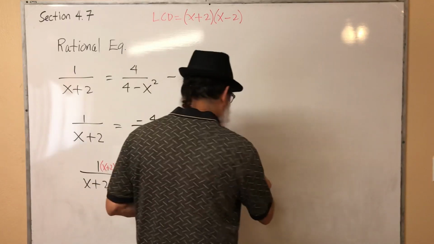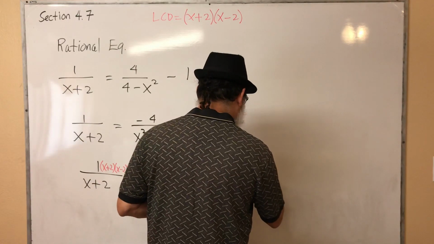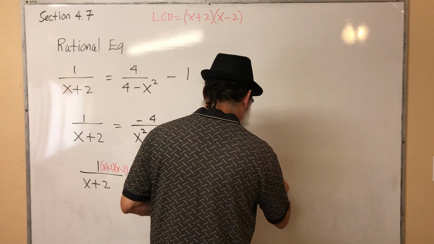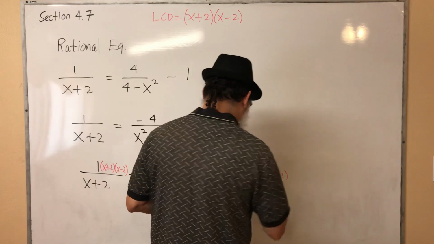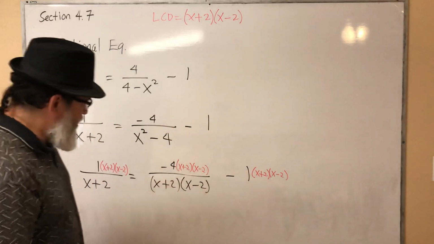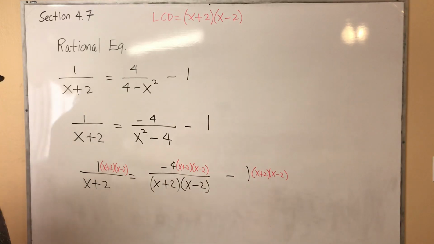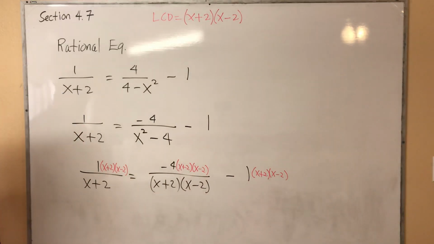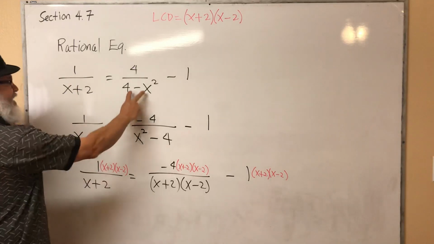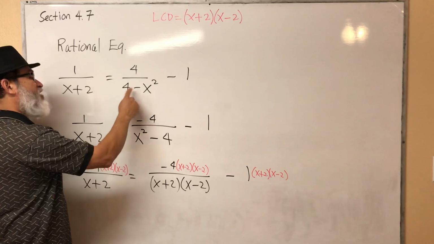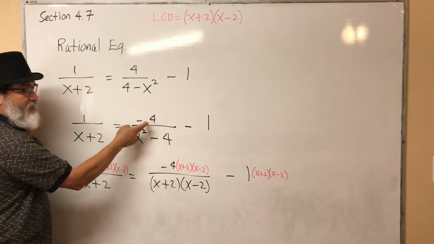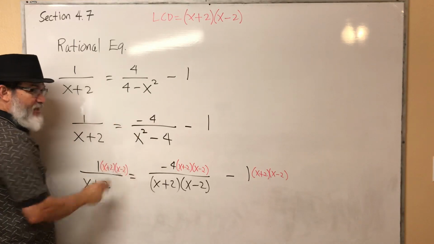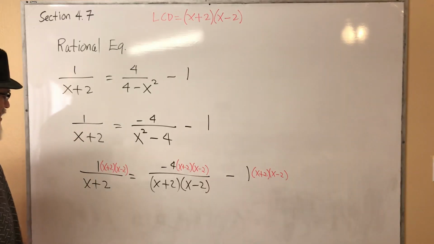How about that one? X plus 2, x minus 2. There you go. Okay? I multiply every numerator by the LCD. Every numerator. But first I fix the denominators. Had this been x squared minus 4 from the very beginning, I would have never multiplied top and bottom of this by negative, okay? All right.